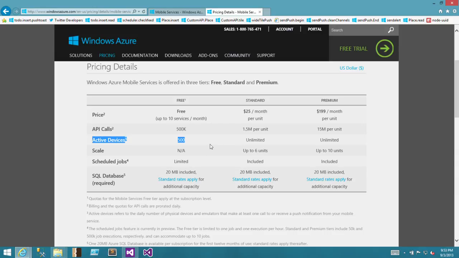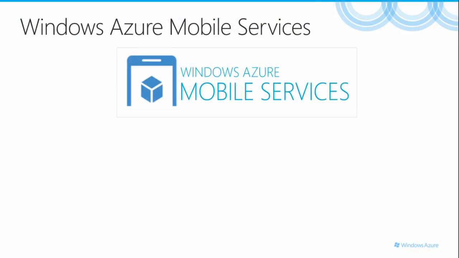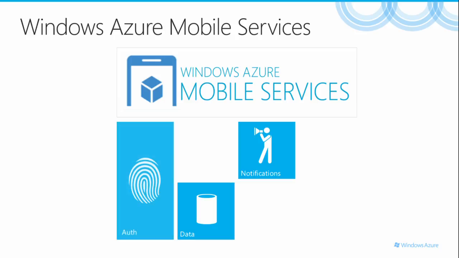So let's wrap up. So we saw and described what Windows Azure Mobile Services is. We went through the data persistence layer that we've got there, in this case Windows Azure SQL DB. We looked at push notifications. We did toast and tile updates to Windows Store apps. We looked at auth, and we used Twitter as our identity provider.